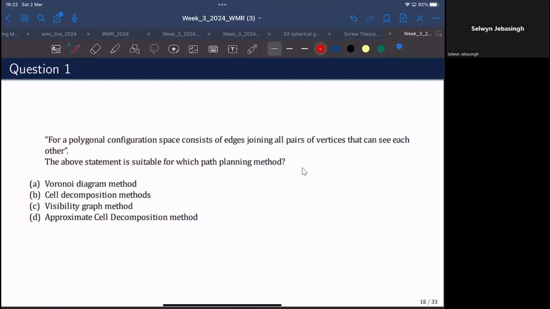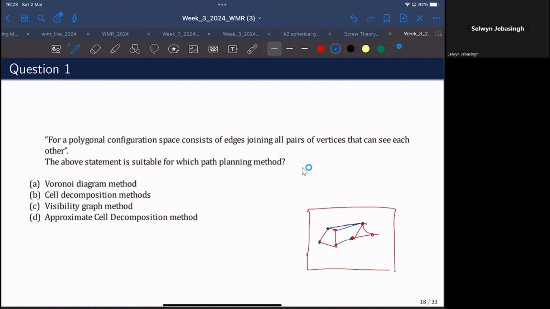For example, if we have a configuration space with multiple obstacles, and we join all pairs of vertices that can see each other, these two vertices can see each other, and these two vertices can see each other. As of now, these vertices cannot see anything else apart from their own vertices.